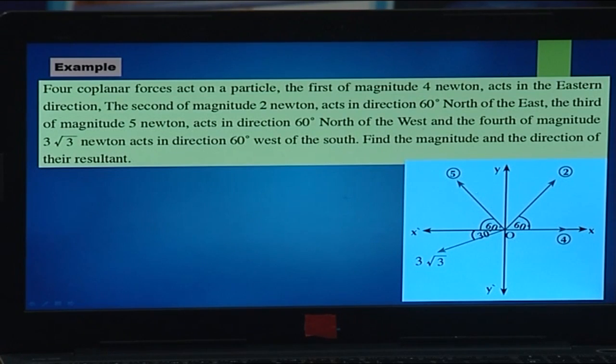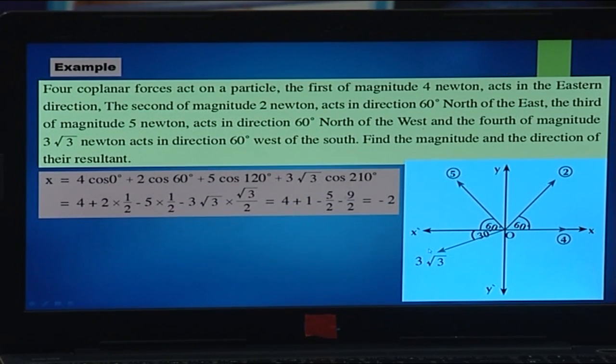We have 5 here. The force 5 acts north of west, so concentrate on west: the angle between the force and west equals 60 degrees. And 3√3 acts south of east, not east of south. South of east means this angle is between the force and east, which is mentioned last.